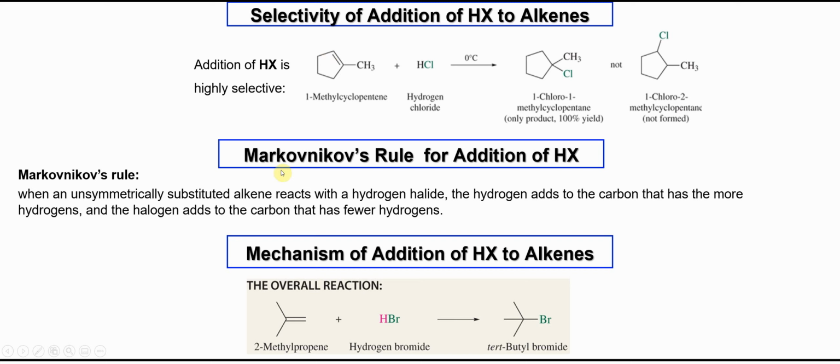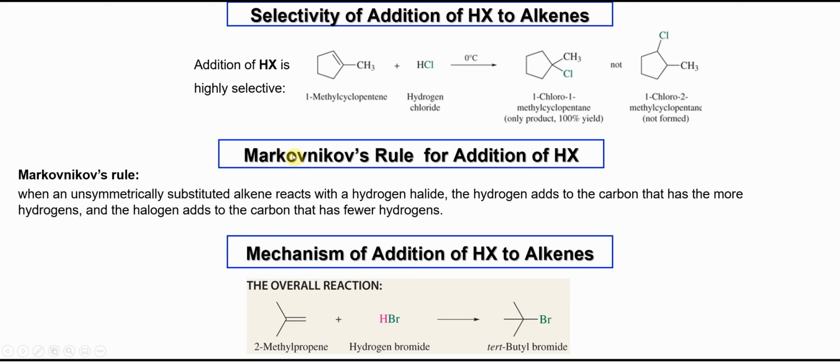For this we are going to use Markovnikov's rule to tell you which hydrogen will be added to which carbon. I can tell you your hydrogen will be added to the second carbon. You have carbon 1 and carbon 2, and the second carbon has more hydrogens bonded to it.